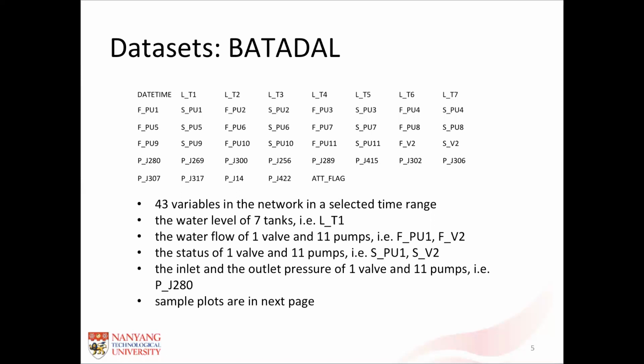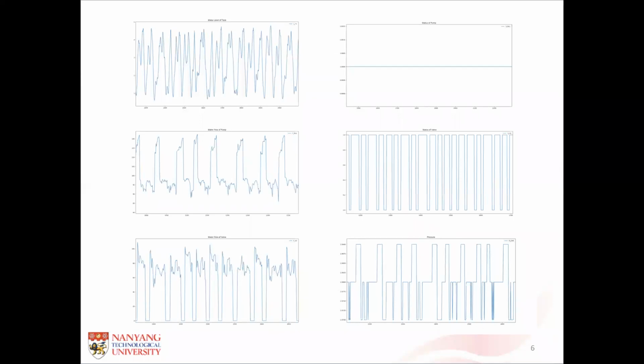It also has statuses of 1 valve and 11 pumps, and then it has 12 pressures: 1 for the valve, 11 for pumps. The sample plots are on the next page. We can see, starting from top to bottom, left and then left to right, the tank level, then flow for pumps, then flow for valve, then status of pumps, status of valve, and then pressure.